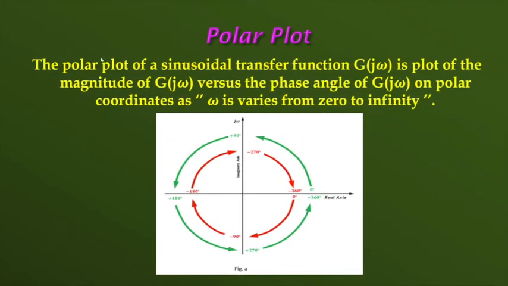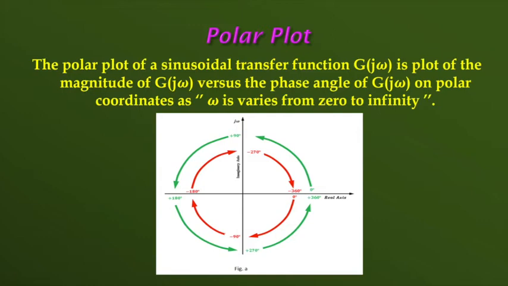What is a polar plot? The polar plot of a sinusoidal transfer function G(j omega) is a plot of the magnitude of G(j omega) versus the phase angle of G(j omega) on polar coordinates, as omega varies from 0 to infinity. The polar plot is the locus of vectors, magnitude of G(j omega) and angle of G(j omega), as omega varies from 0 to infinity.